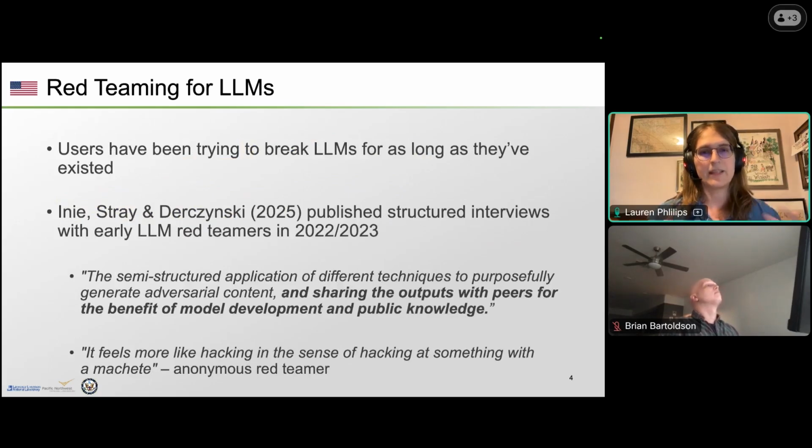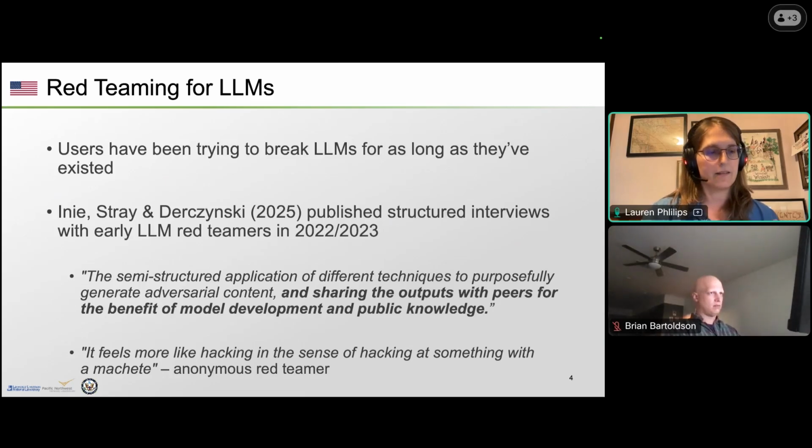And so red teaming has been in use for a long time in cybersecurity and in wargaming. Red teaming for LLMs has a history that is as long as the history of LLMs. This paper that was published earlier this year has structured interviews with very early red teamers who are looking at models like GPT-3, early ChatGPT in 2022, 2023.